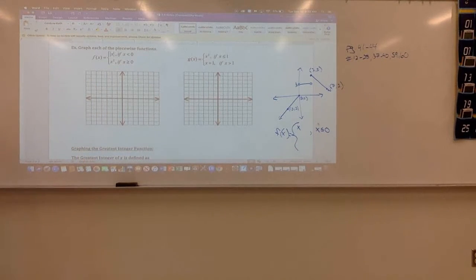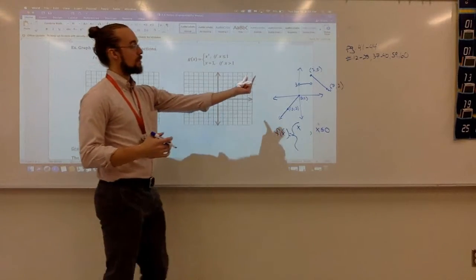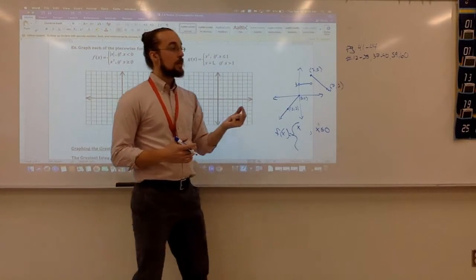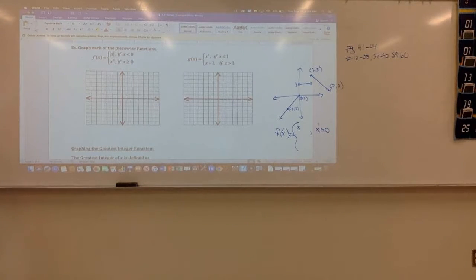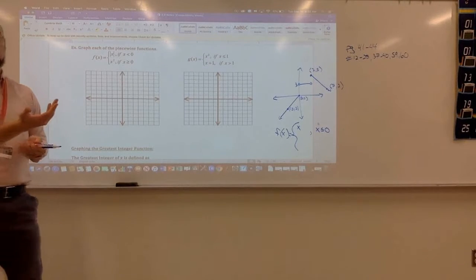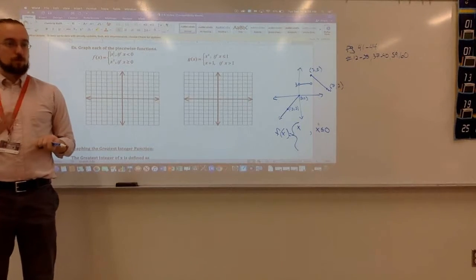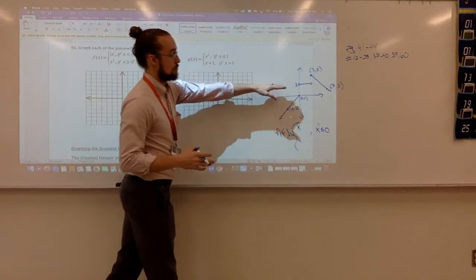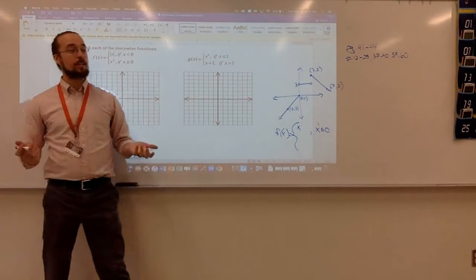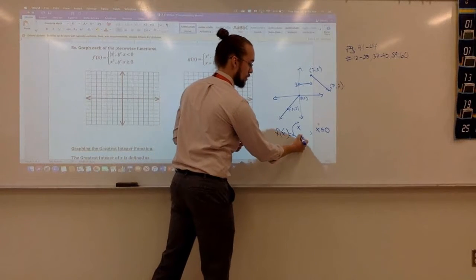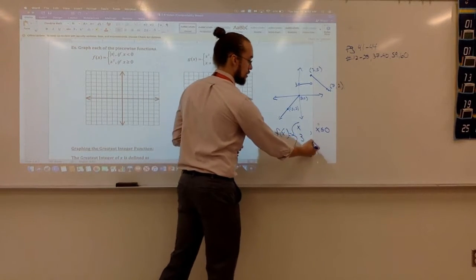What's my next piece? What's the equation of this? On the other side, we said, for any constant value. But in this case, we know that constant value is 3. So the equation of this line is just y equals 3, or f of x equals 3. That's my middle piece here.